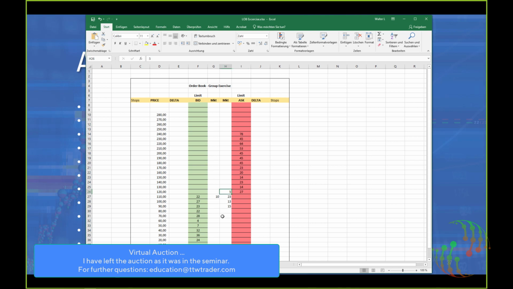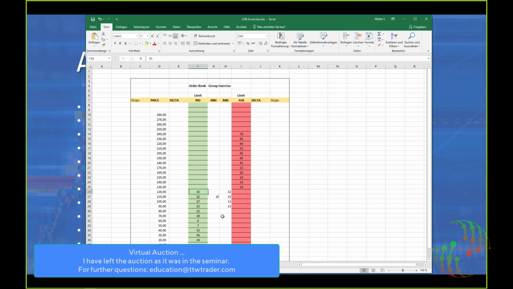That means you get 32 even, and the price we are trading now is 130 and 120. Who is willing to buy 14 at 130? 14 at 130.